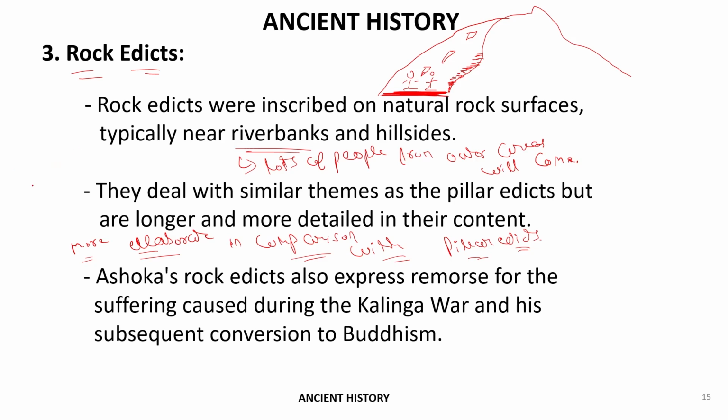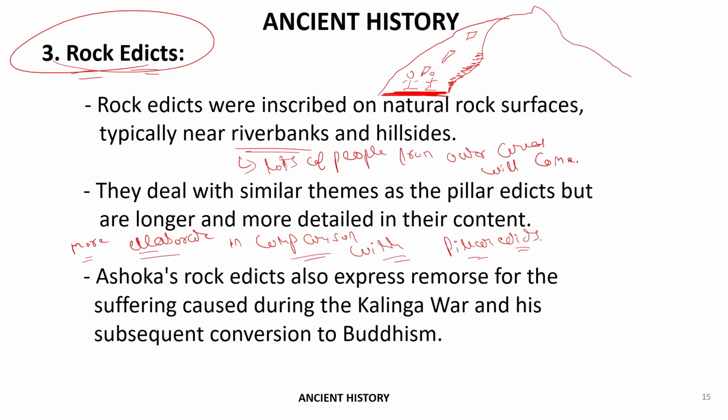whatsoever he saw, he found, and he listened from the people, from the ministers, from the army commanders during the Kalinga War left a great impact on the thinking of Ashoka, and he also used the rock edicts to express his remorse, his sorrow and his regret for the Kalinga War and the devastating damage caused during this war.